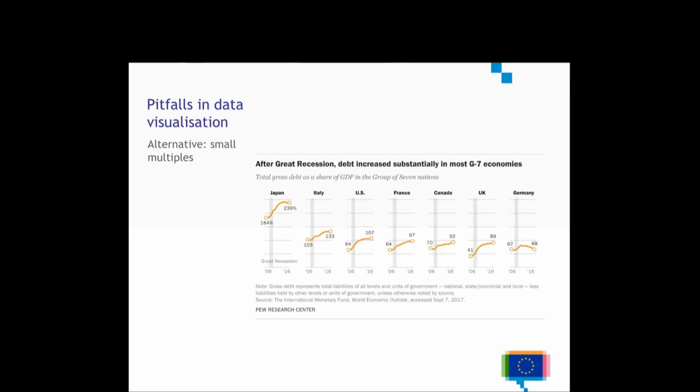So small multiples, multiple small copies of the same chart, and this will avoid having overcrowded charts. And if you want, you can say something about every line, as in this case, you have lines representing different countries. And this is not overwhelming at all. If you would put all these lines onto a single chart, then it will be a lot less readable and effective.